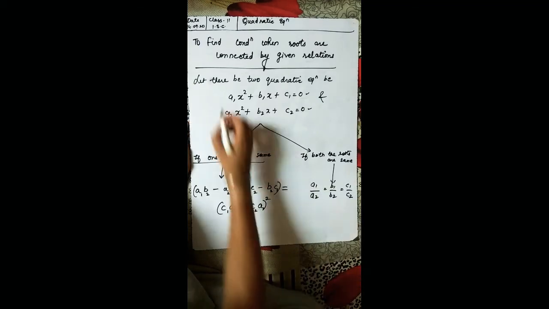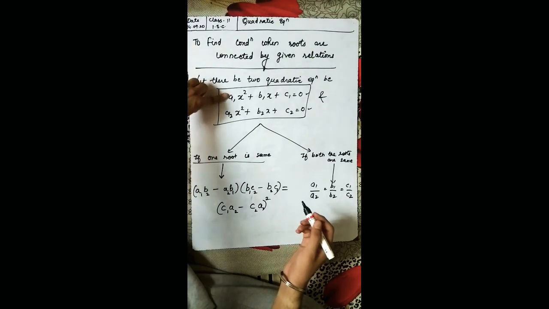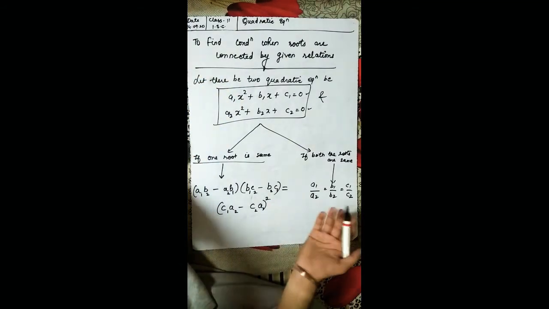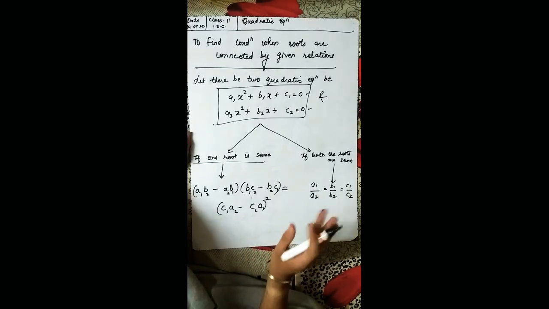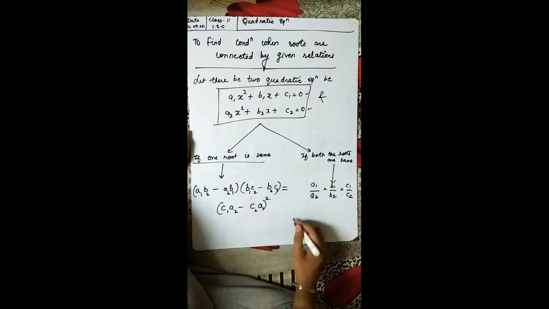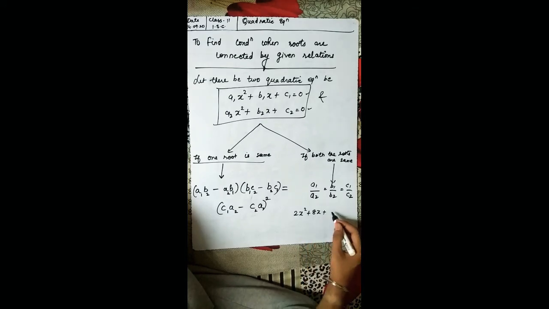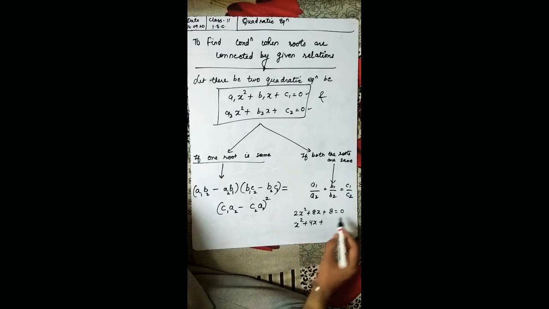Now you would be thinking, how? If the roots of this equation are equal to the roots of this equation, that means both quadratic equations should be the same. Yes, that is correct, but for example, I'm writing 2x square plus 8x plus 8 equal to 0 and x square plus 4x plus 4 equal to 0.